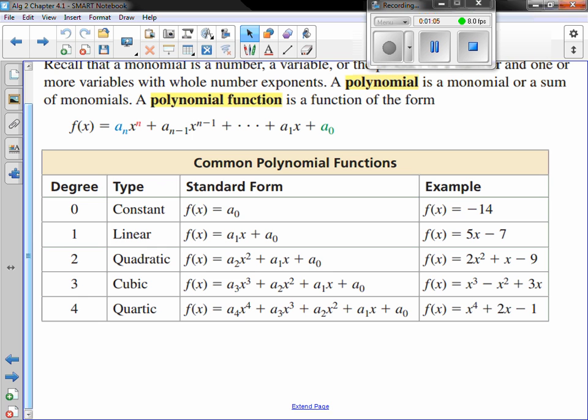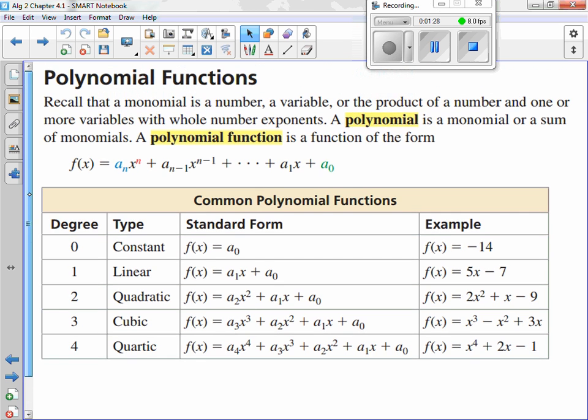These are higher degree polynomial functions, where the biggest exponent is going to be greater than 2. Up until this point, you've never dealt with a function that had a bigger exponent than 2. That's what we're going to be looking at this year and in this chapter. And it can go higher than 4. We can go up to 12, 13, 14, 15. We can deal with any higher degree polynomial function.